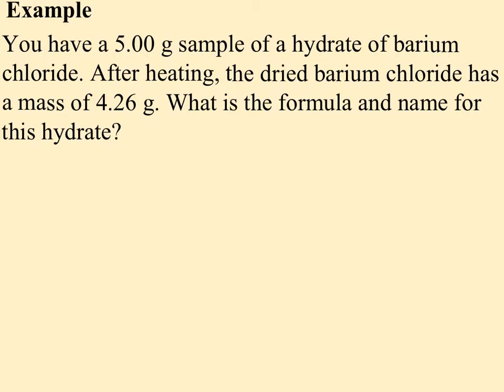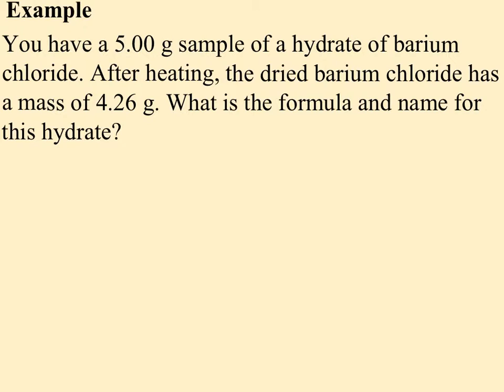Well, let's see how much barium chloride we have. We have 4.26 grams of barium chloride. And BaCl2 is going to have a molar mass. Barium is quite heavy at 137.33, just one of them. Chlorine, there are 2 of them at 35.45.